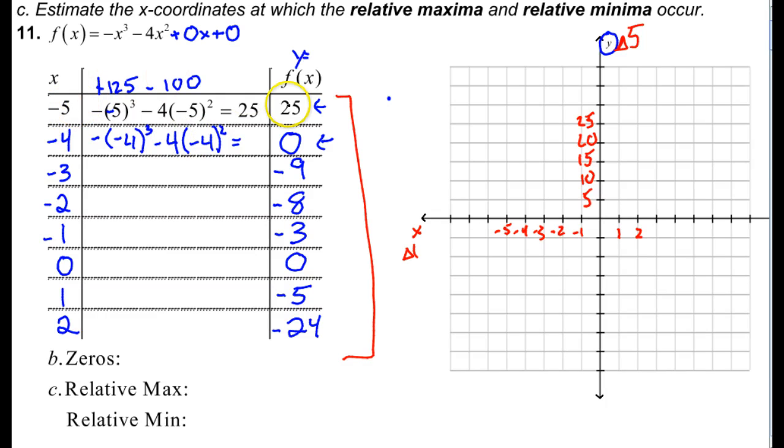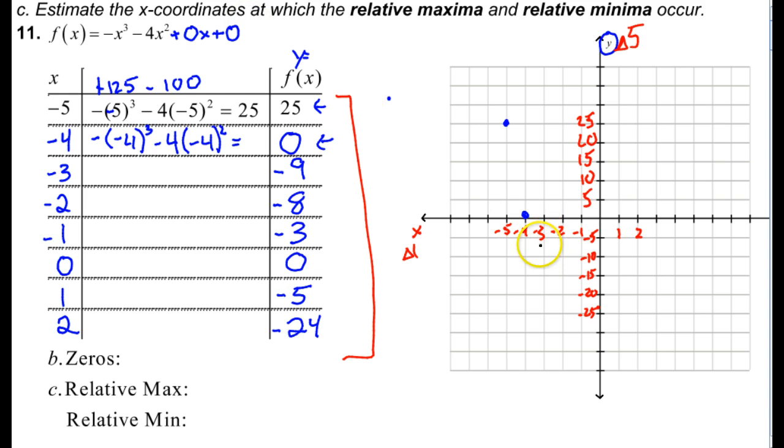So we got negative 5, 25. So that's like up here. We have negative 4, 0. So it jumps way down here. We have negative 3, negative 9. Okay, so I better mark this negative as well. Negative 5, negative 10. Okay.